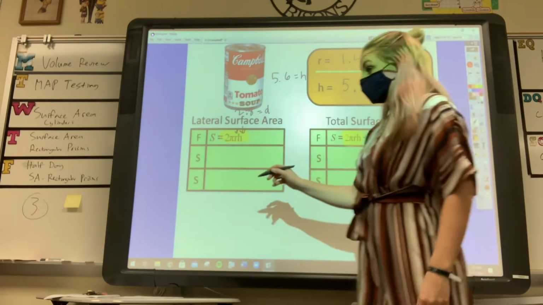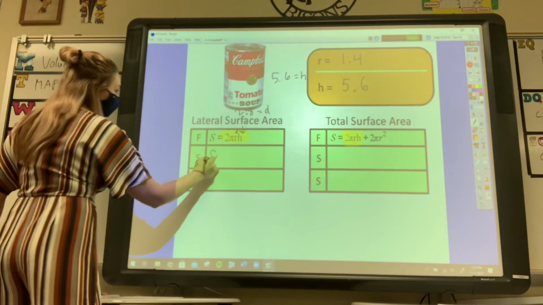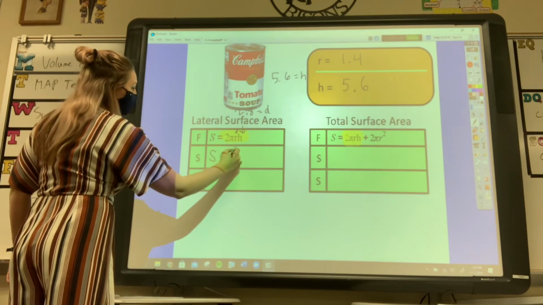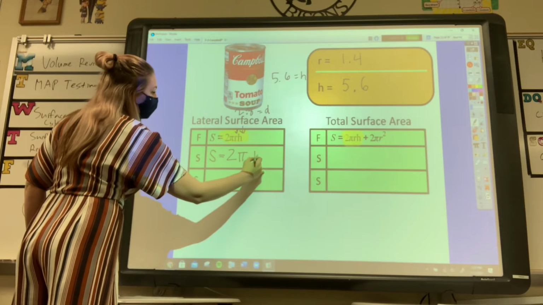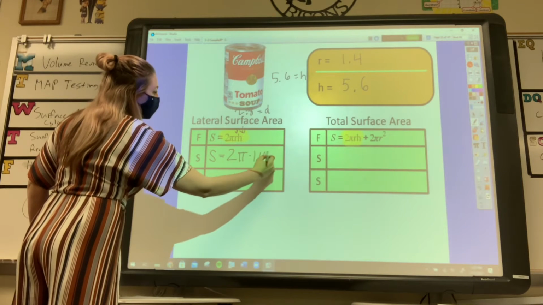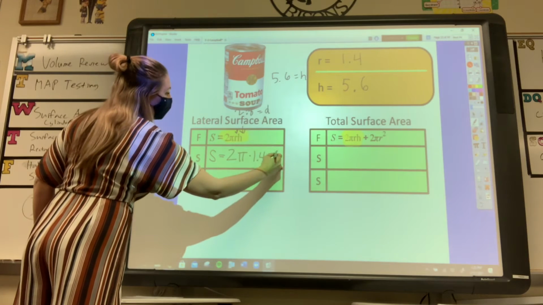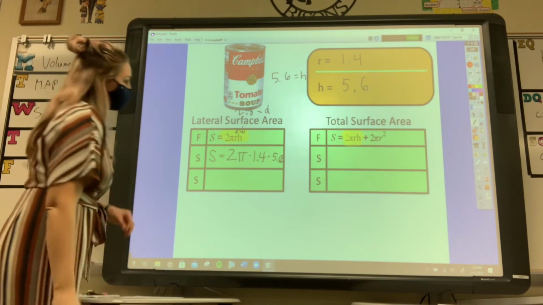So once I substitute that into my formula, we'll have surface area equals 2 pi times the radius 1.4 times the height of 5.6.